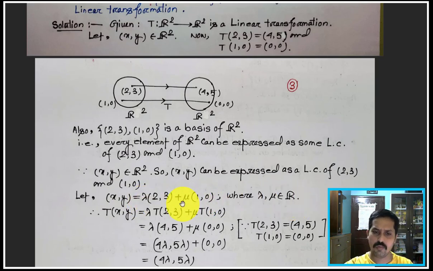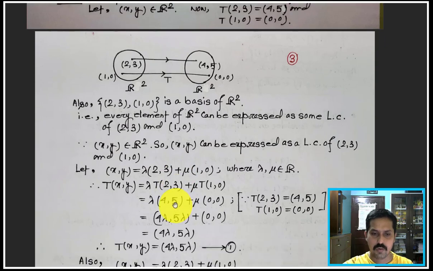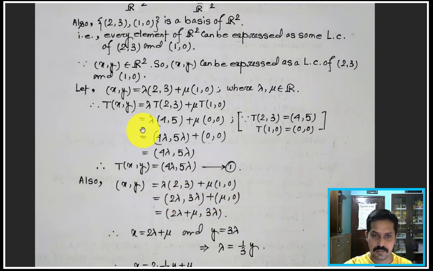You can also write a, b or c1, c2, whatever you like. Now, (x, y) equals lambda (2, 3) plus mu (1, 0). Doing the multiplication and adding, the result will be (2 lambda plus mu, 3 lambda plus 0), that is, 3 lambda.